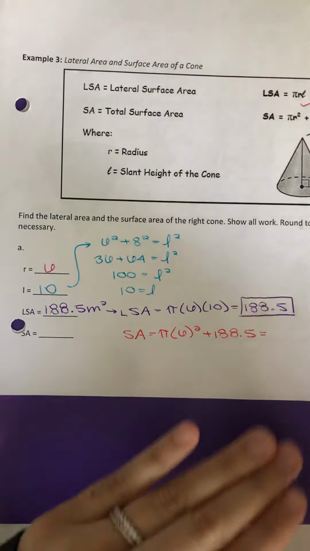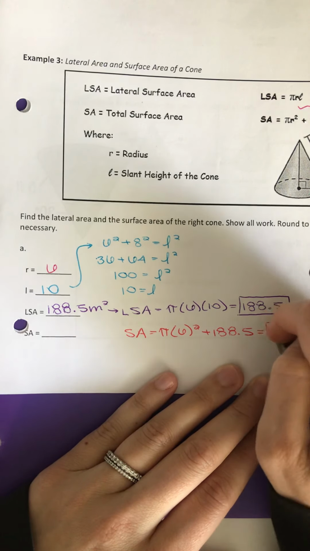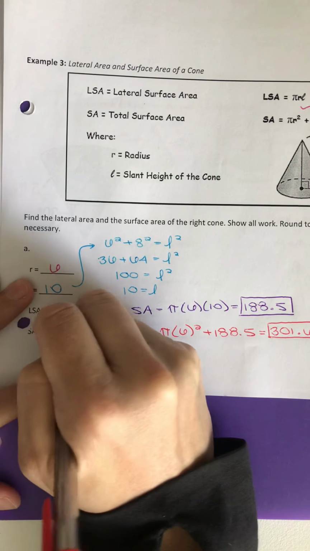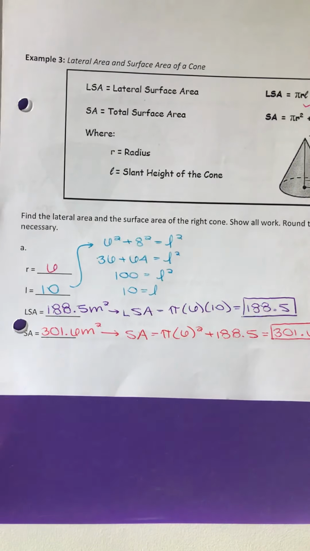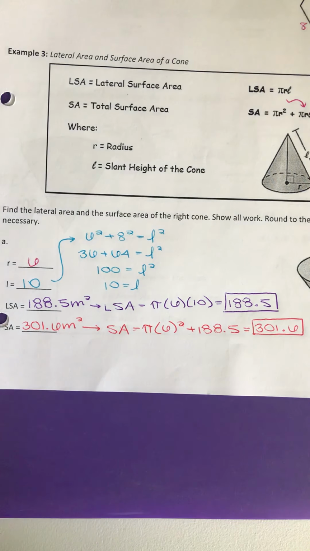And you should get about 301.6 meters squared. So similar to cylinders, these ones are not as difficult.